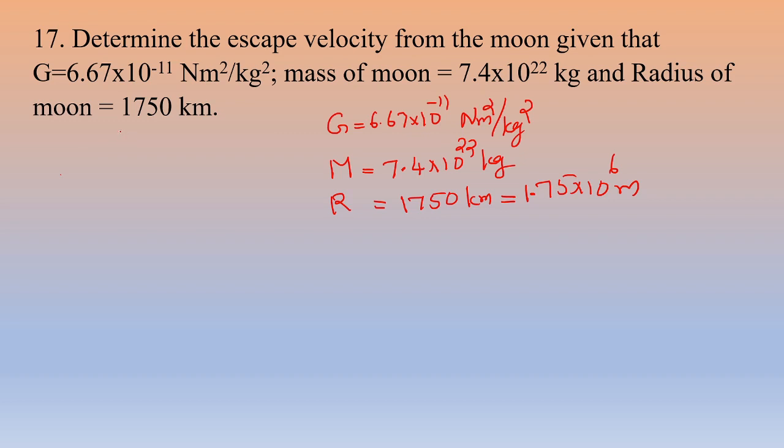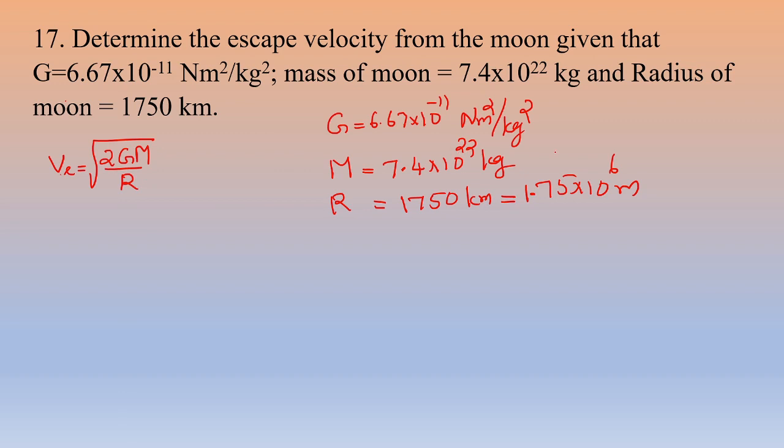We know the expression for the escape velocity from the surface of a planet or from the surface of a heavenly body is VE is equal to square root of 2 capital GM by R. Now we have the values.